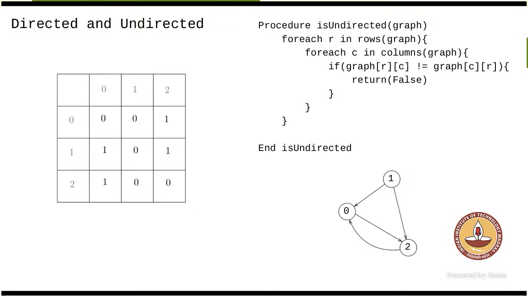And if you are convinced that for every pair of vertices R comma C, if there is an edge from R to C there is also an edge from C to R, then you just return true, right?